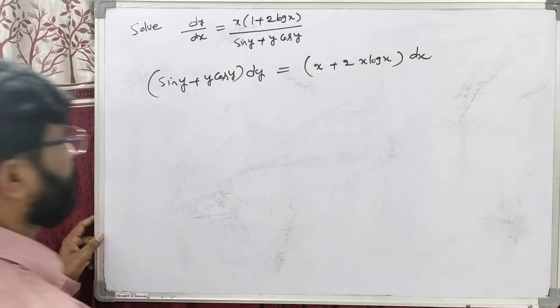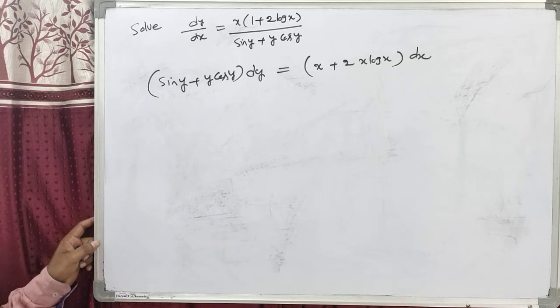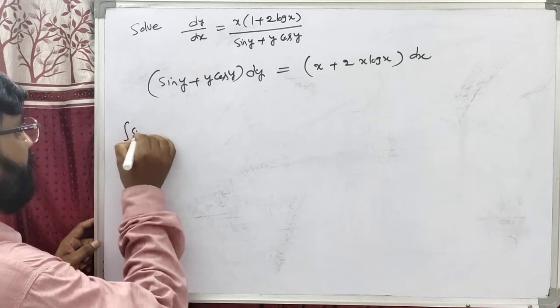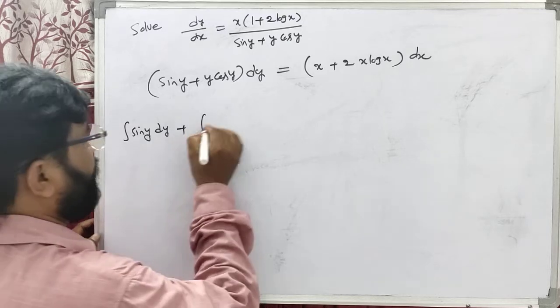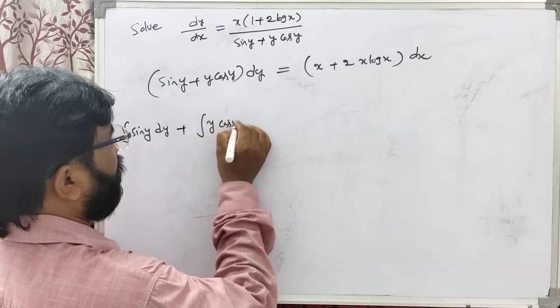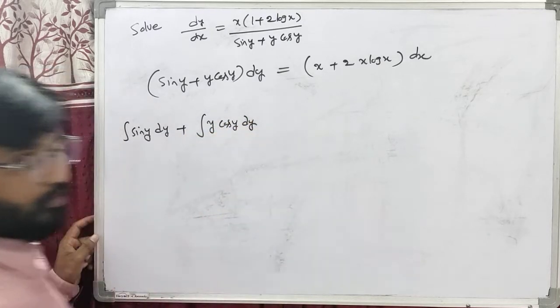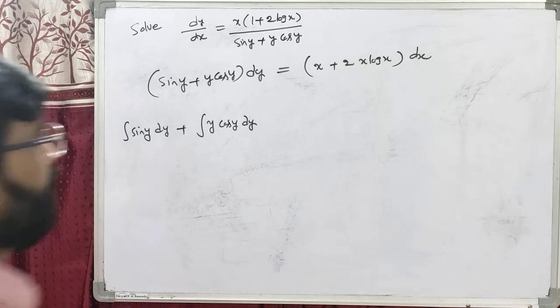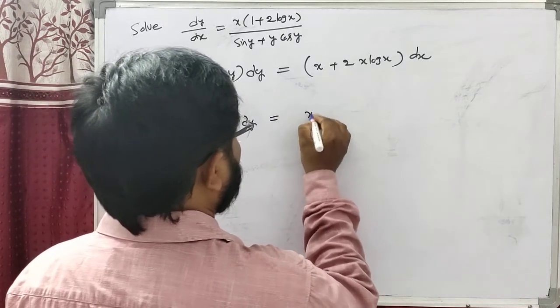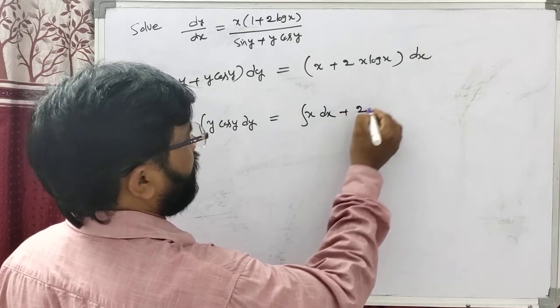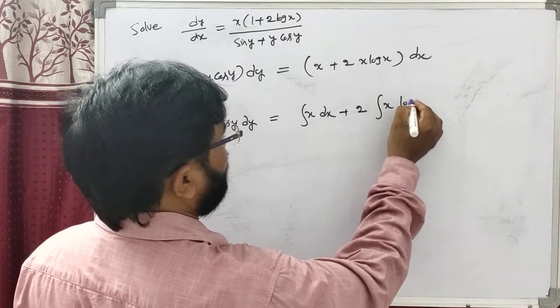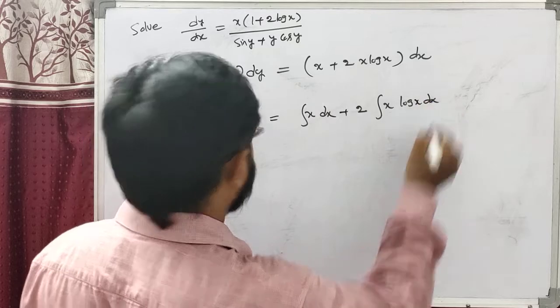Okay students, now we can apply the integrals. This is the integral of y sin y dy on one side, and then the integral of y cos y dy. Then you can write the integral of x dx, and after that, dear students, the integral of x log x dx.